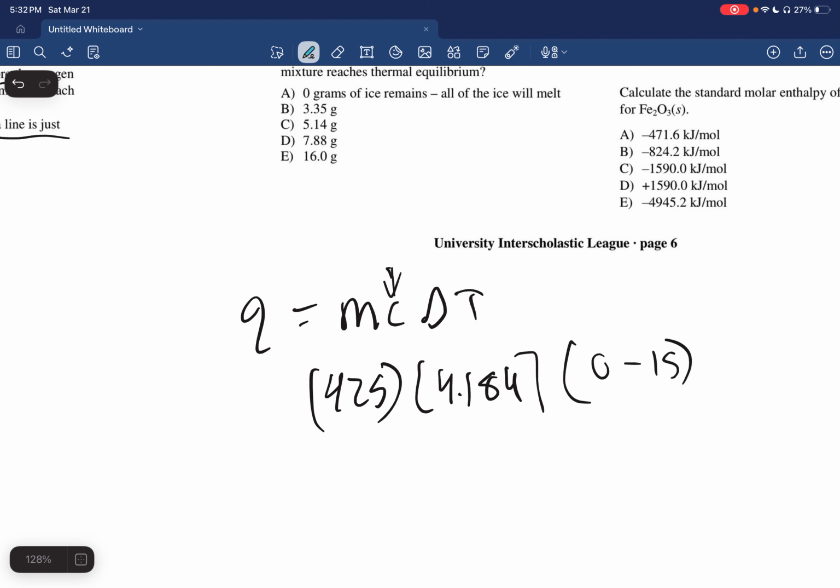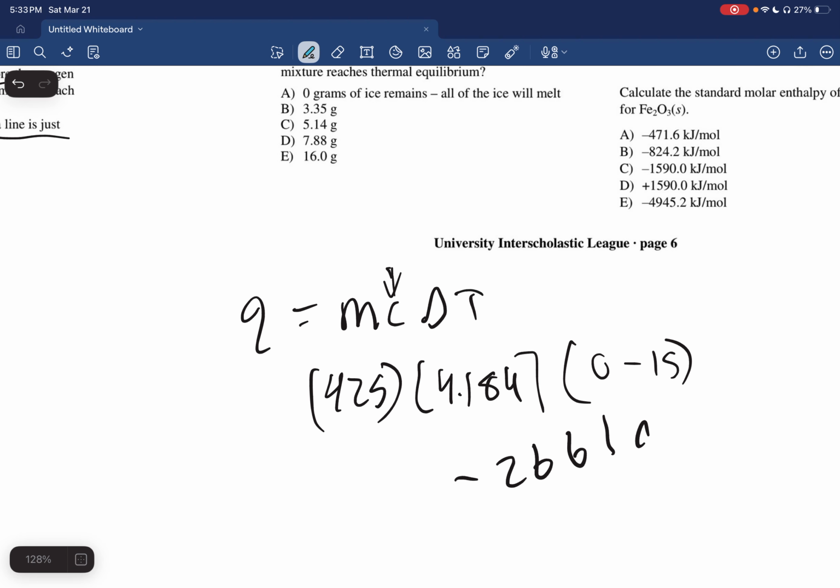Remember, it's a difference, so we can use Celsius. We don't have to convert to Kelvin. And when we plug this in the calculator, we'll come out with negative 26,610, around there.